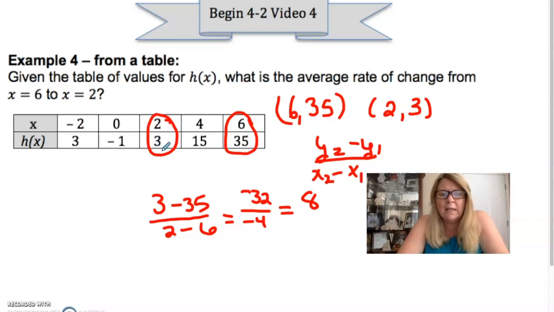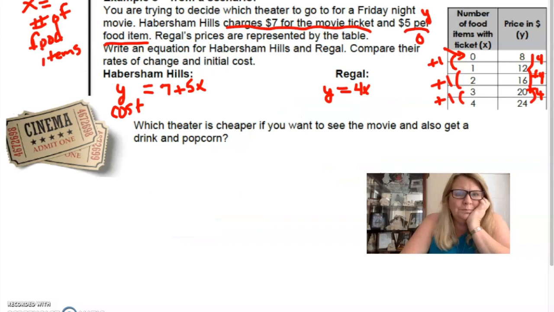You can definitely see from these two values that it is going up, so in between those two it should have a positive rate of change, and it does. So our rate of change is 8. Now, let's go ahead and look at the next example that we have.